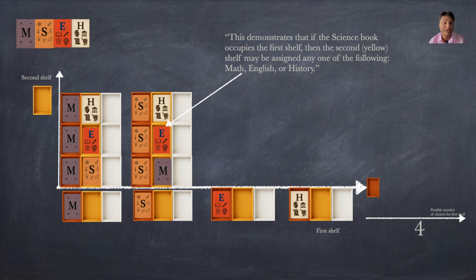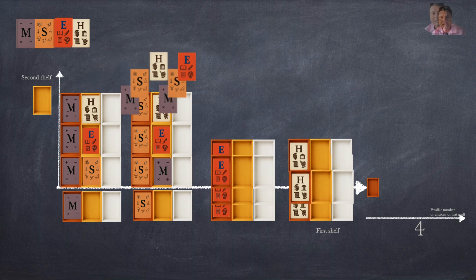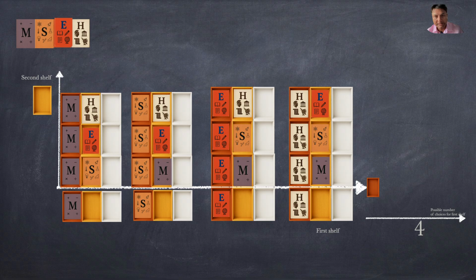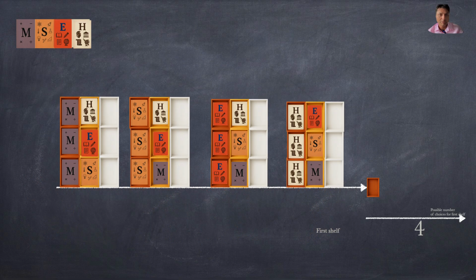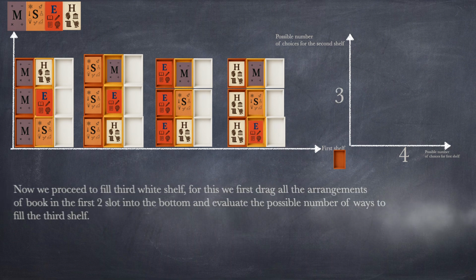There are three possibilities for the second shelf. And similarly, the same situation happens for the English book or the history book. We remove the bottom part and we notice that the possible number of choices for the second shelf is 3.